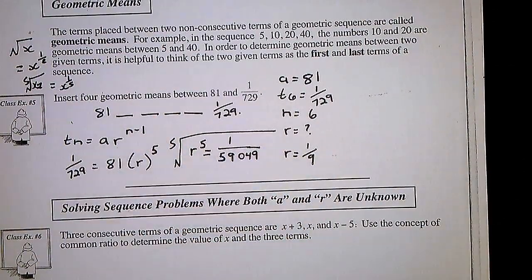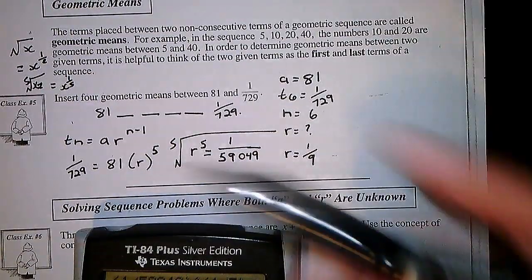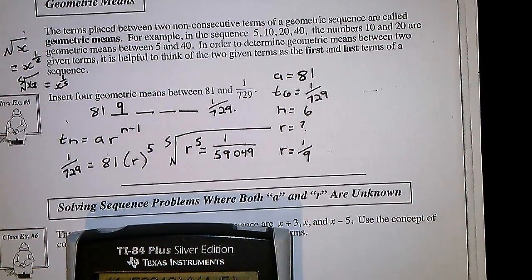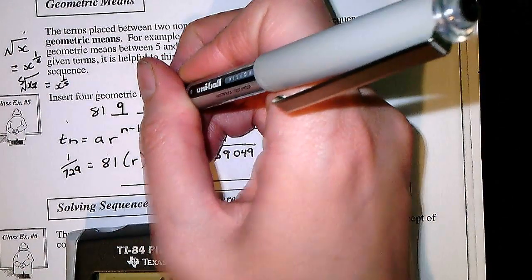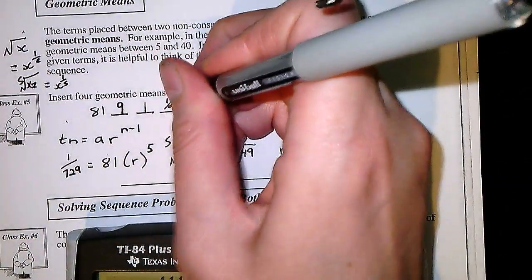So if I have term 81, I can times that by 1/9, and I get 9 for the second term. Then I can take 9 and times it by 1/9, and I get 1. 1 times 1/9 is 1/9.